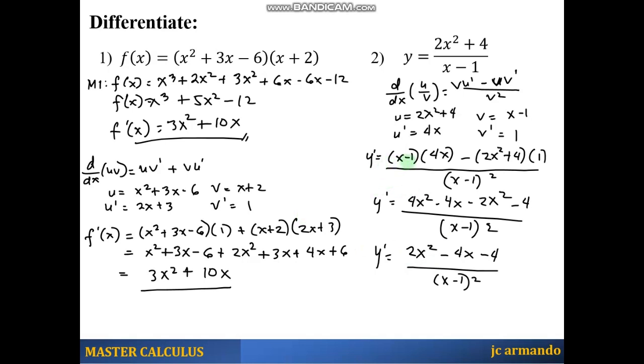So x minus 1 is v, u prime is 4x, minus u, 2x squared plus 4, times v prime, that is 1. 4x times x, 4x squared, 4x times negative 1, negative 4x, negative times 2x squared, negative 2x squared, negative times 4, negative 4. So simplifying, 4x squared minus 2x squared is 2x squared, negative 4x minus 4 all over x minus 1 squared.